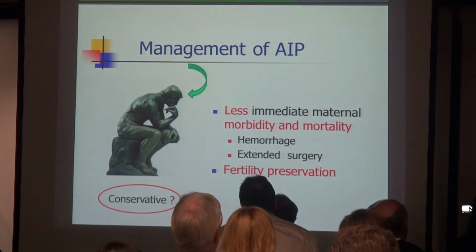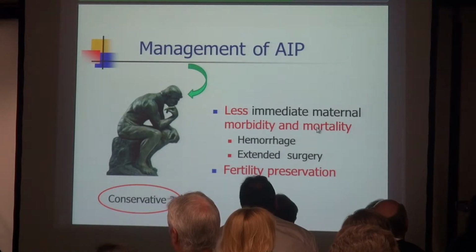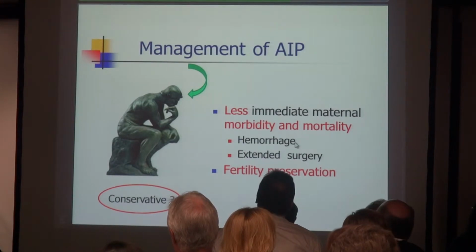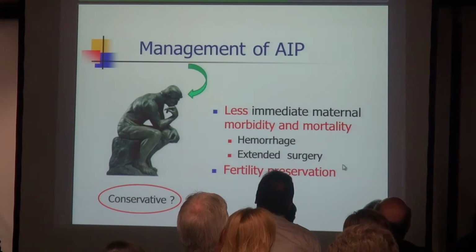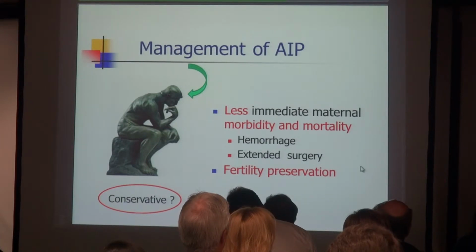Why? Because it's probably associated with less immediate maternal morbidity and mortality, less morbidity in terms of hemorrhage and extended surgery. It also allows fertility preservation, but I will discuss what the fertility really is for this patient.